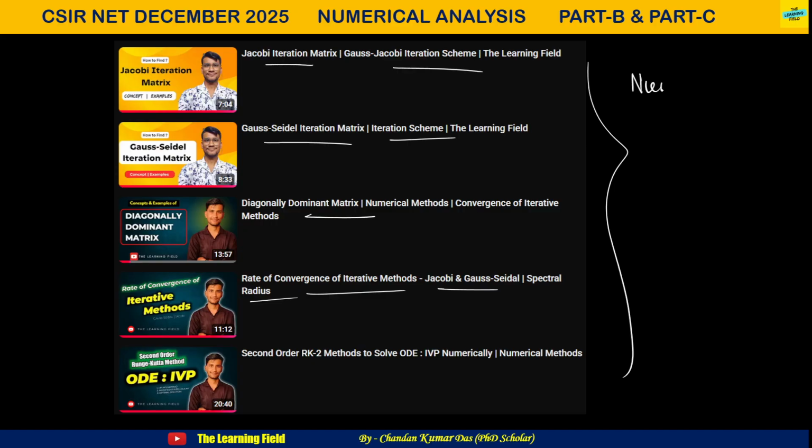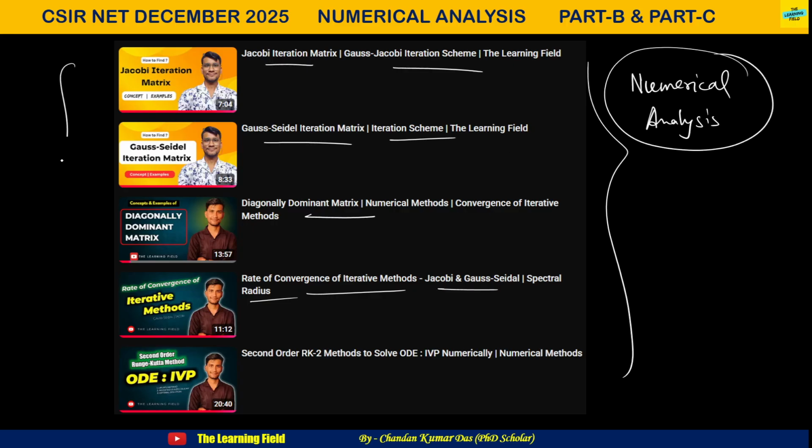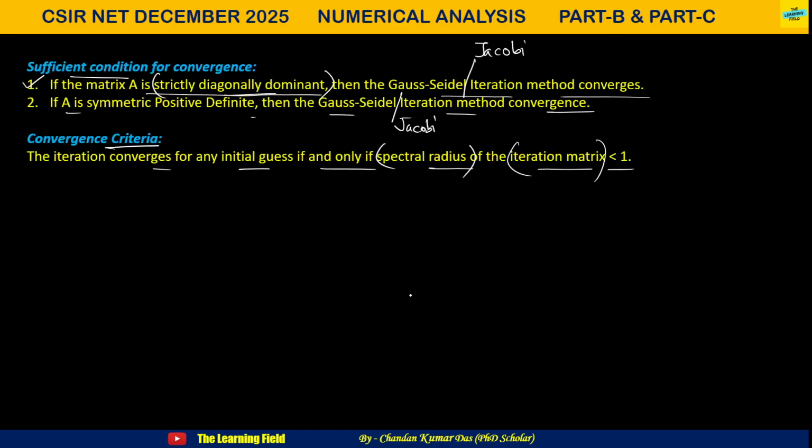Go to my numerical analysis lecture series, and you will get these 4 or 5 videos. You can watch these videos. I explain these topics very well with the help of examples. So you must watch these 4 videos. Okay, now come back to this.